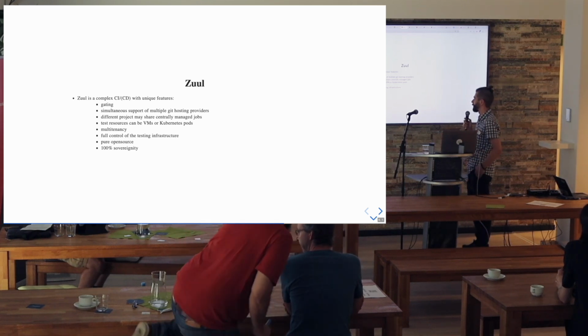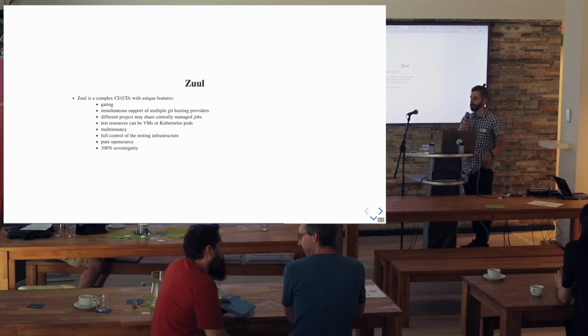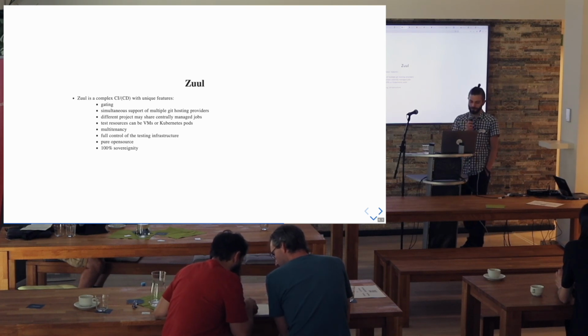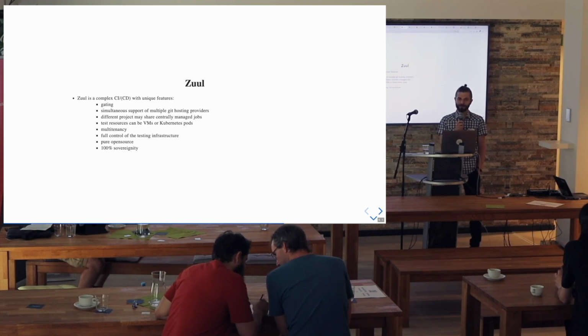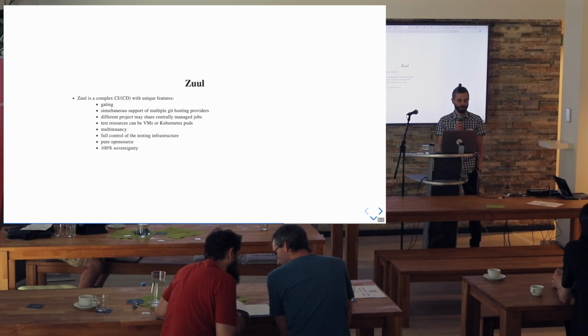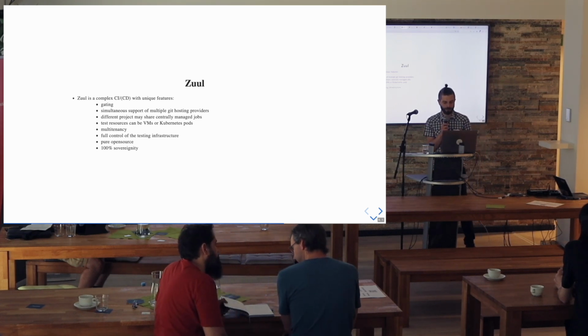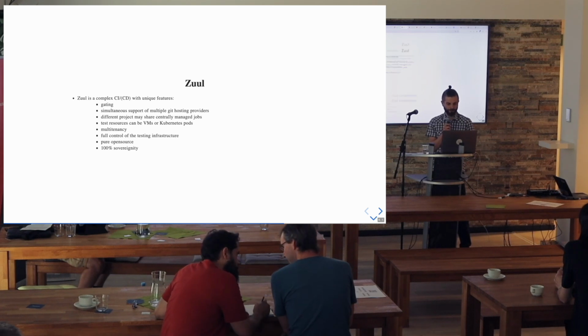It supports multi-tenancy and full control of the testing infrastructure, which is basically related to the last thing, which is 100% sovereignty, where everything is in our hands, and we fully control what is going on there, because at the moment not a single other alternative CI/CD system is offering that.